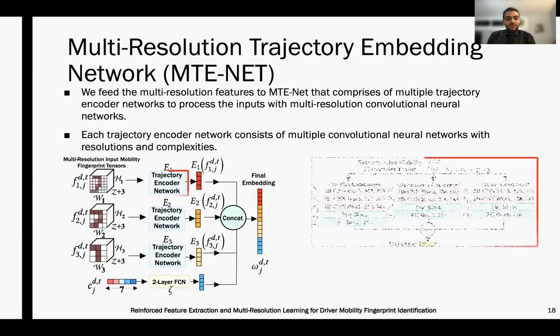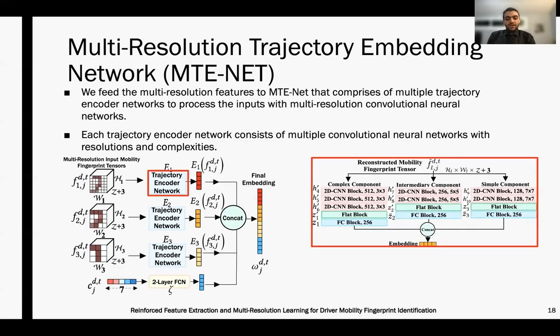Each trajectory encoder network is also a multi-resolution CNN network. Each of these trajectory encoder networks processes each resolution with 3 subcomponents, each having different complexities regarding their resolution and their filters.